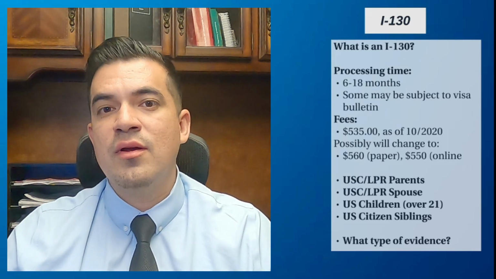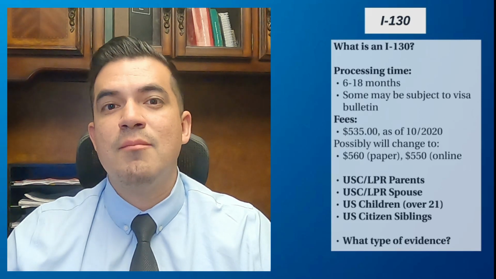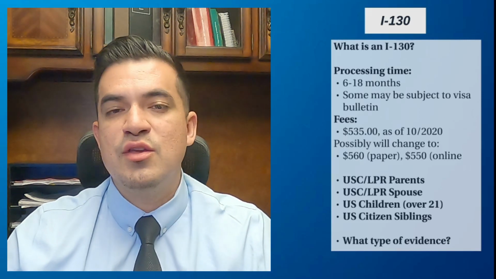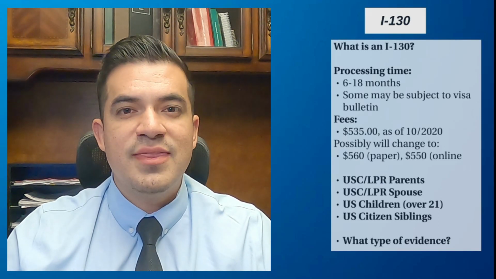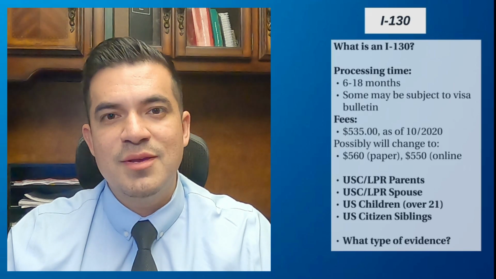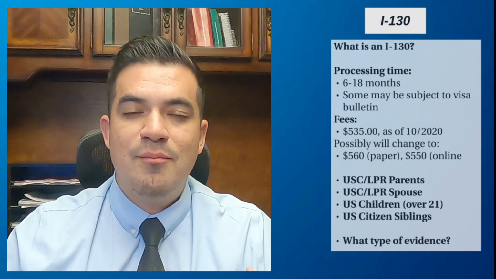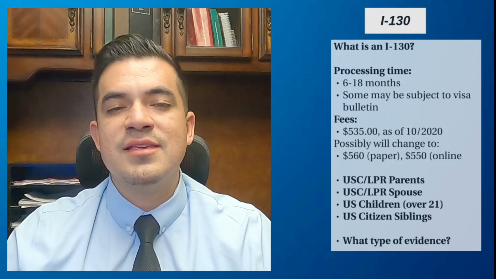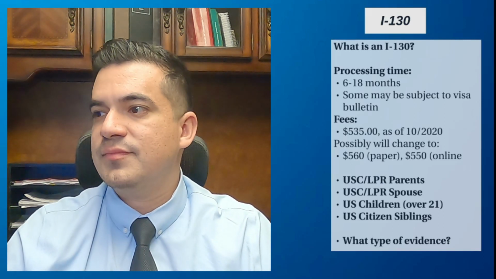Usually the harder one to show is a marriage. But if a couple has children in common, usually it's a lot easier. If not, then we have to support with more documents to show that they are a legitimate couple. For example, banking records, lease agreements, a mortgage together, anything that supports that relationship.